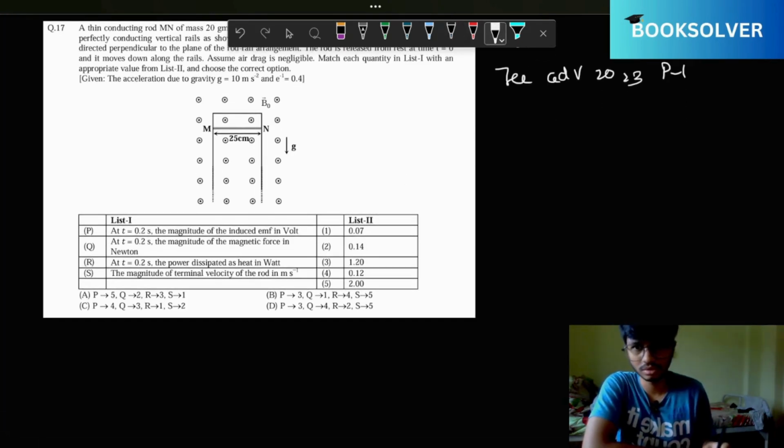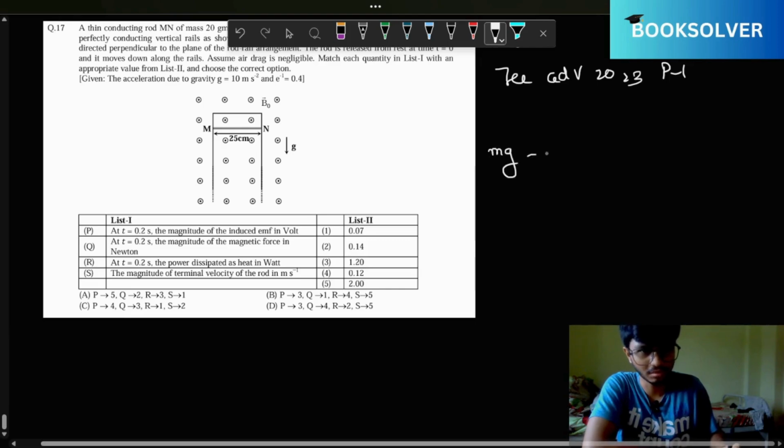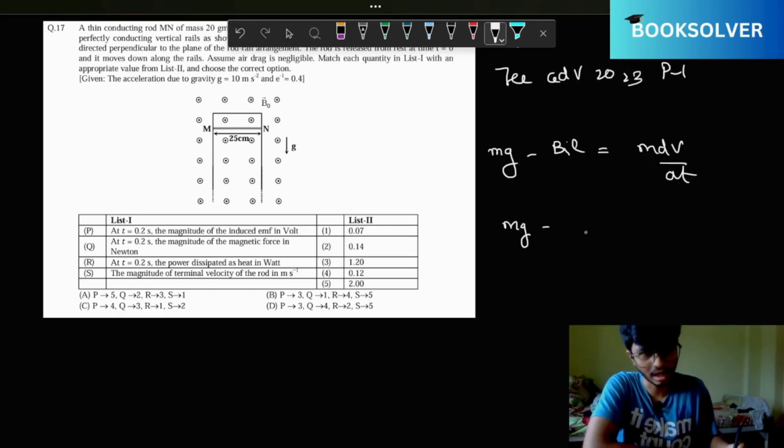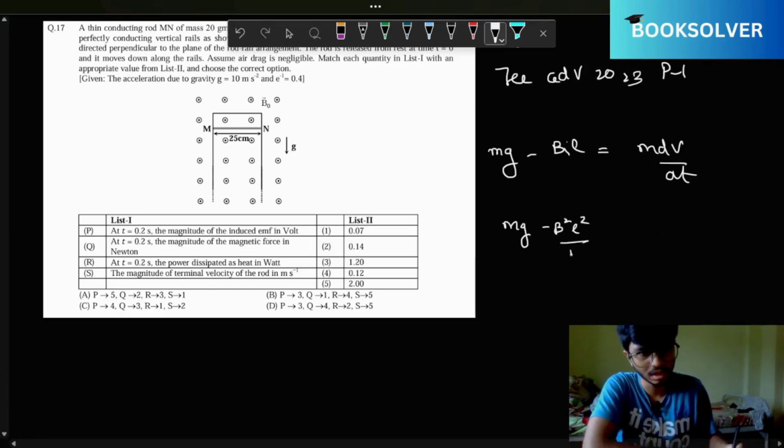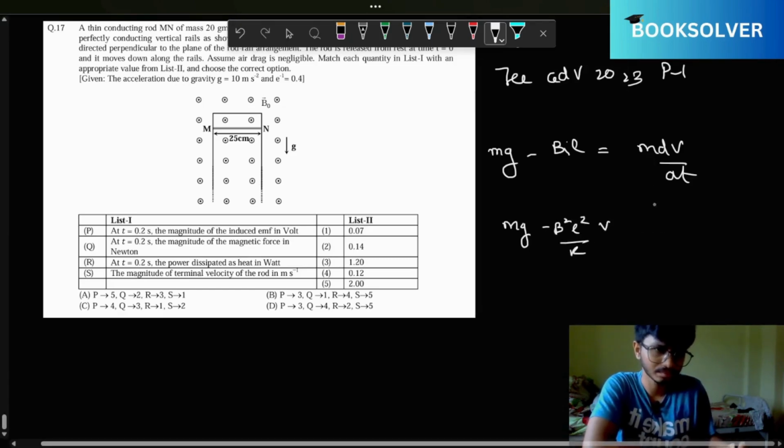So first let's calculate the velocity. The force equation would be mg minus BIL equals m dv by dt. You have mg, and I is equal to BLv by R, so it's basically B square L square by R into v, that equals m dv by dt.